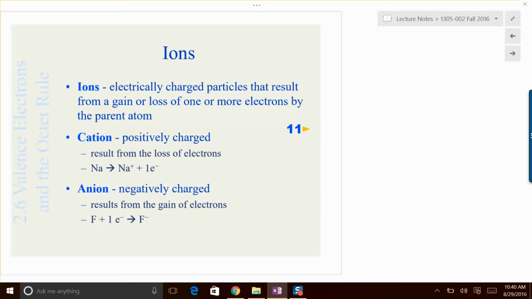Which of these elements on the periodic table are going to gain electrons? The p's, the non-metals. Are they going to be negatively or positively charged? Negatively charged. If I am nitrogen, what charge am I going to have? A negative 3 charge, because how many electrons do I gain if I'm nitrogen? 3.